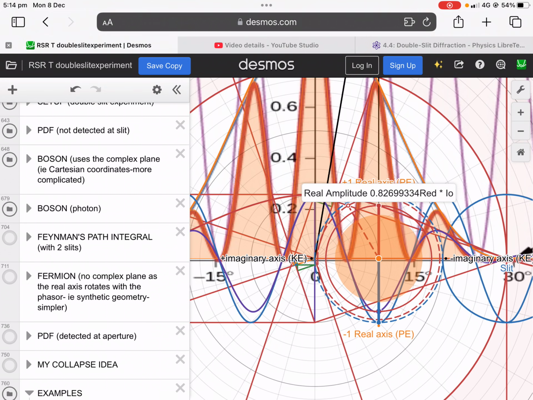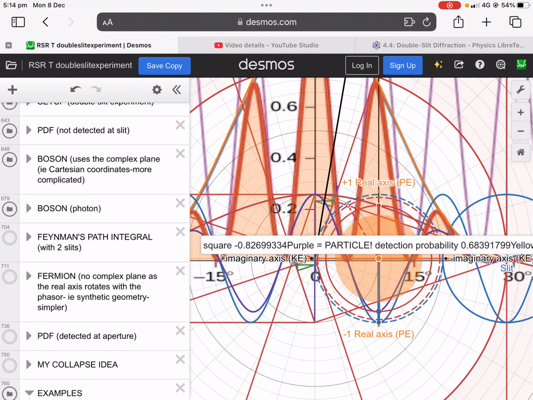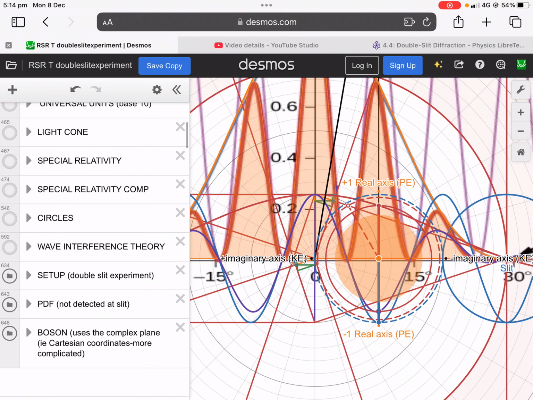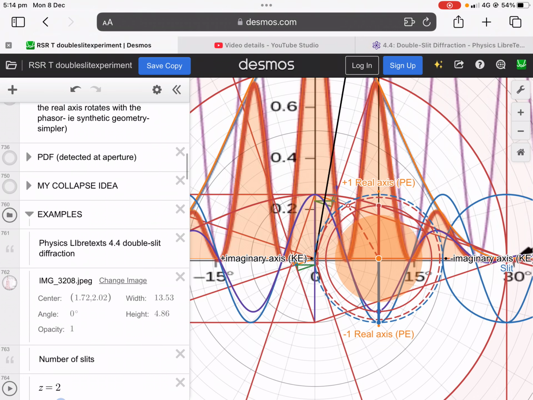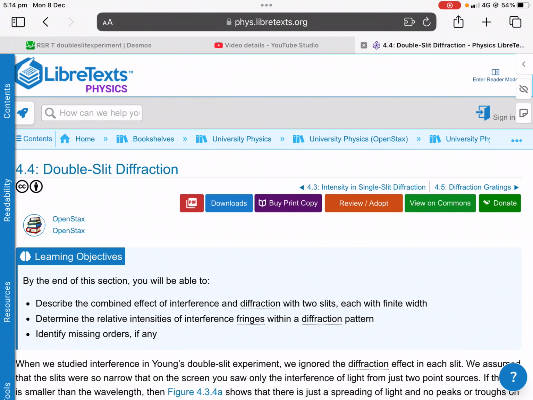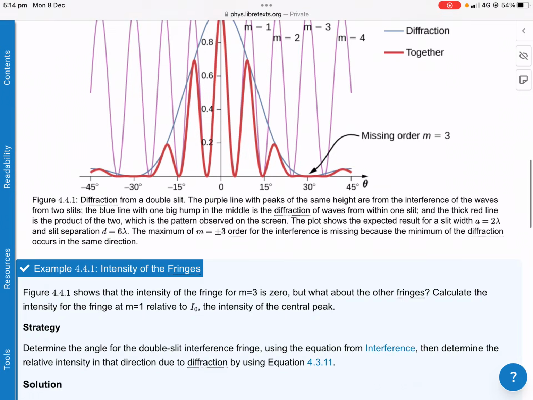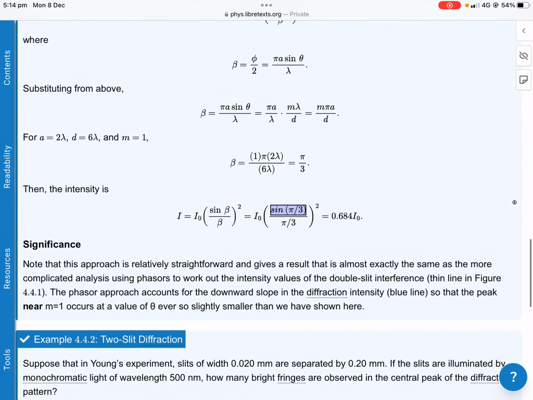So for the first fringe, you've got 1, and you've got 0.82 for the envelope, and then you just multiply that together, and then you square it, and that gives you 0.683, and that's correct in this example. And I better go and prove it. There it is, and there's the 0.684.